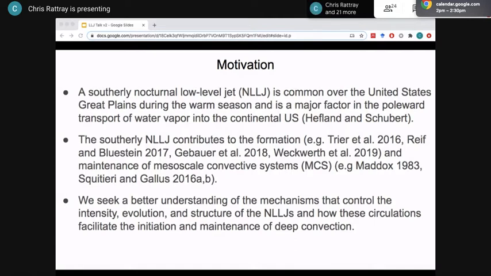The need to better understand nocturnal low-level jets is motivated by their role in facilitating mesoscale convective systems, which can have a significant societal impact. This work seeks to provide a better understanding of the mechanisms that control low-level jet formation and intensity and how they facilitate convection.